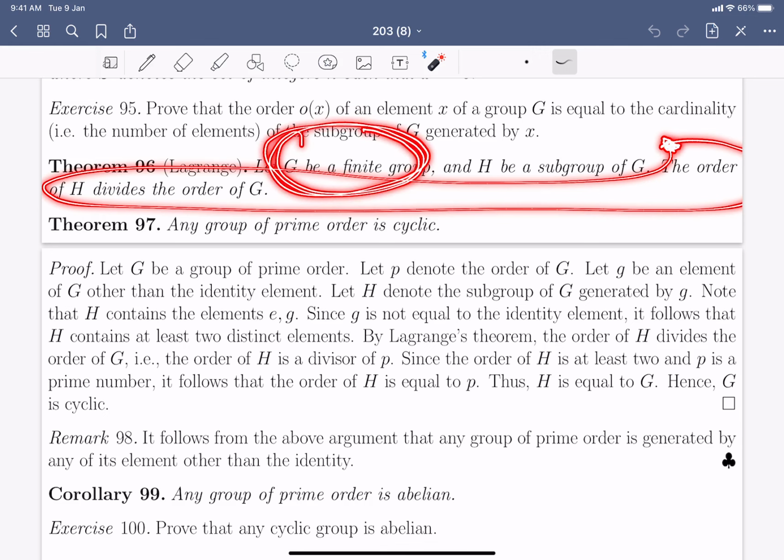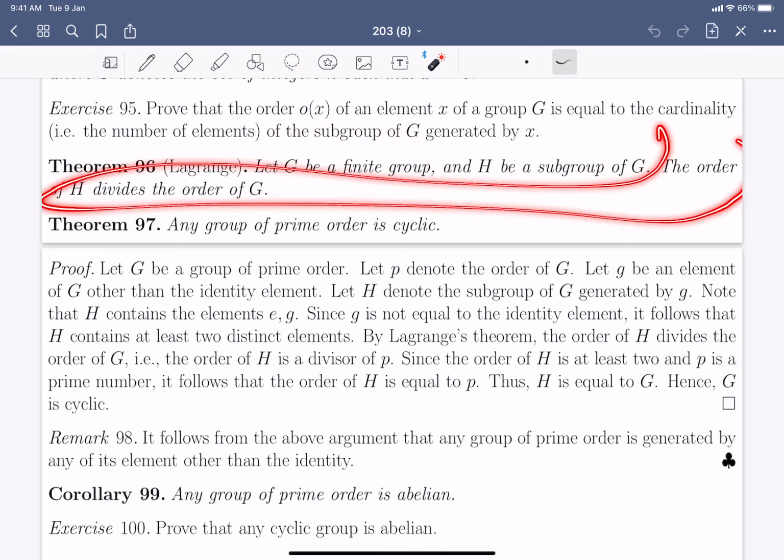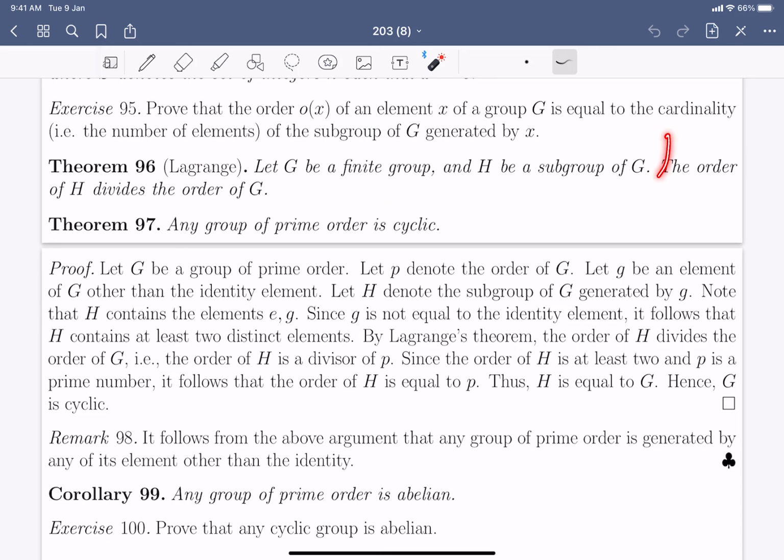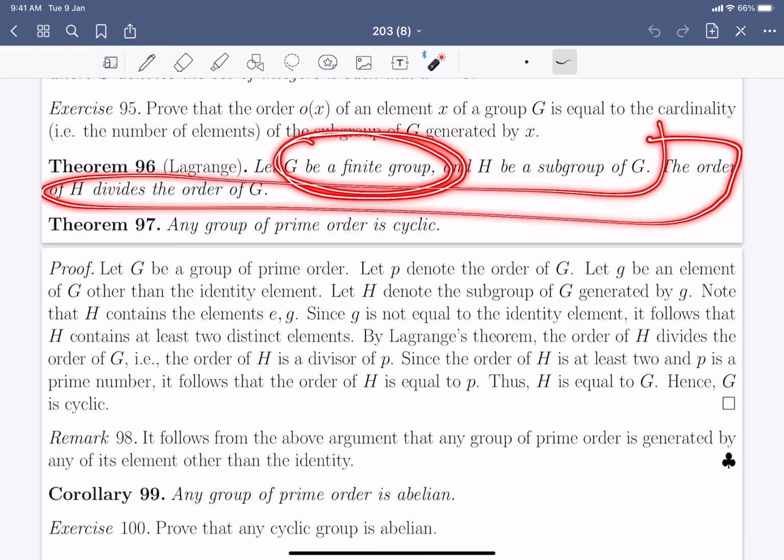Even if the ambient group is not finite, some appropriate version of this statement also makes sense, and can be thought of as the analog of the statement that the order of H divides the order of G.